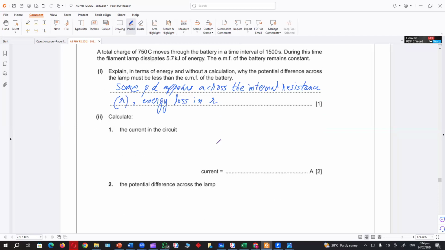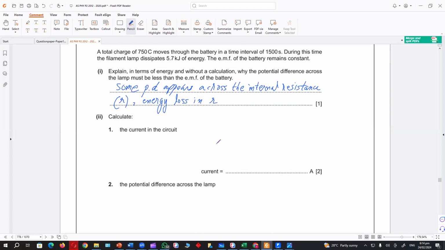Now calculate the current in the circuit. If you have a topical past paper book, it would be ideal that you open the book on your own, so you can look back at the question always. The answer is 0.5.